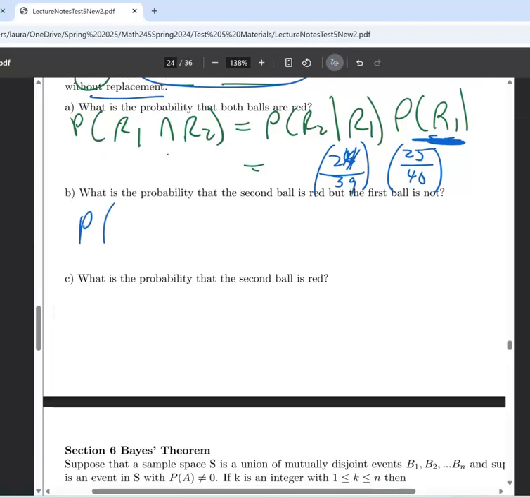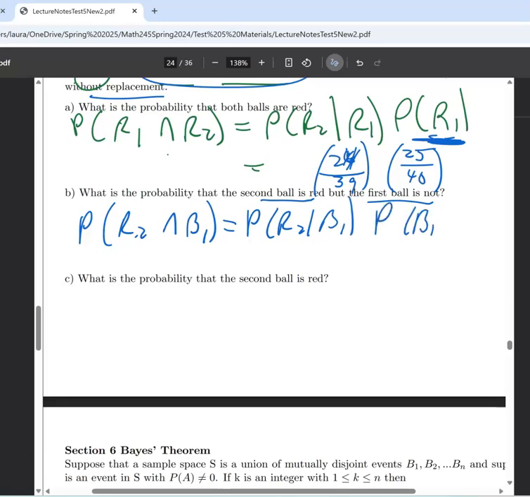So the probability that I've got second ball is red, but the first ball is not. Okay, so that would mean the second ball is red and the first one is blue. I'm just going to, you can use all kinds of notation. So probability of red 2 given B1 times the probability that the first one is blue.